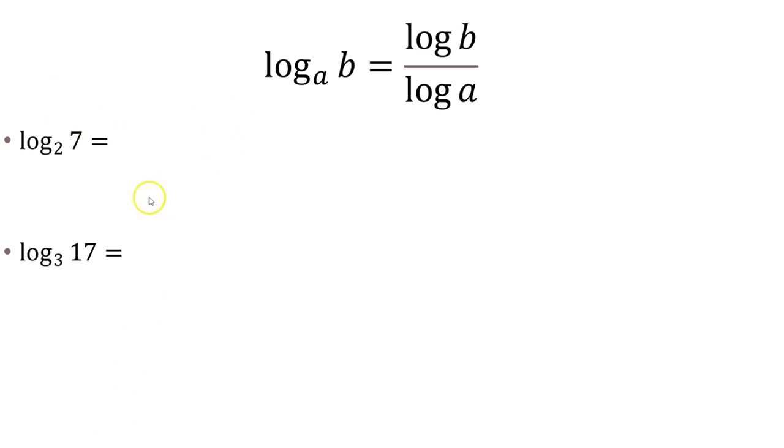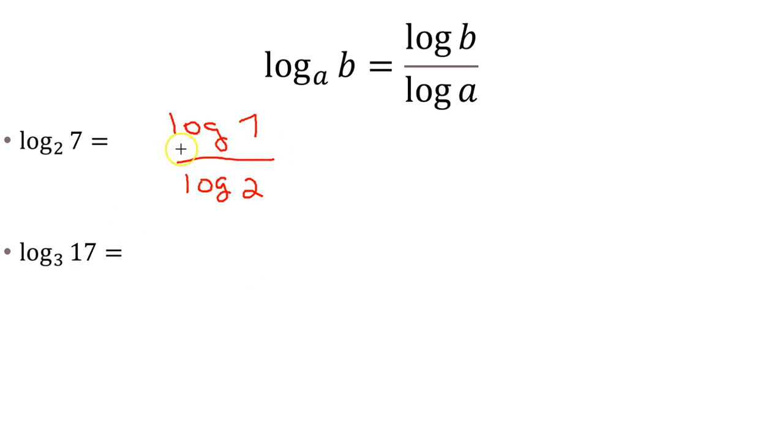So let's use our change of base formula here. So we're going to say that we have log of 7 over the log of 2. If you put that in your calculator, any scientific calculator, that's going to give you the exact answer.